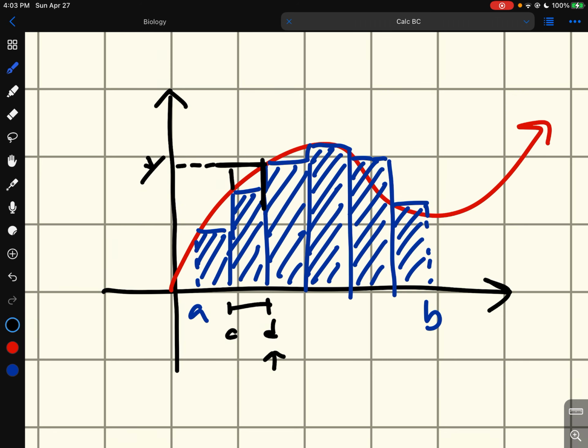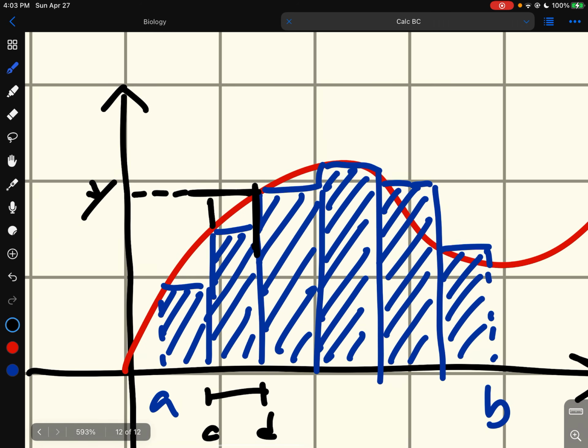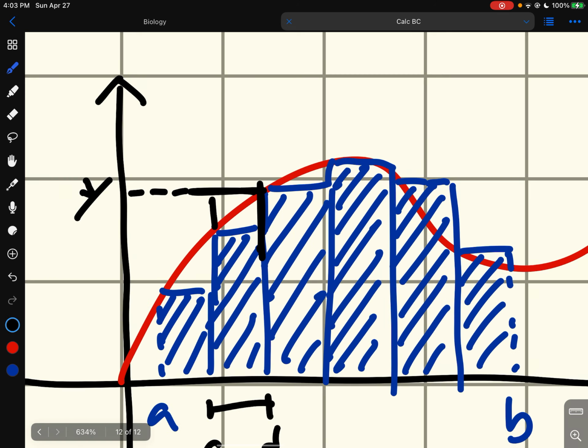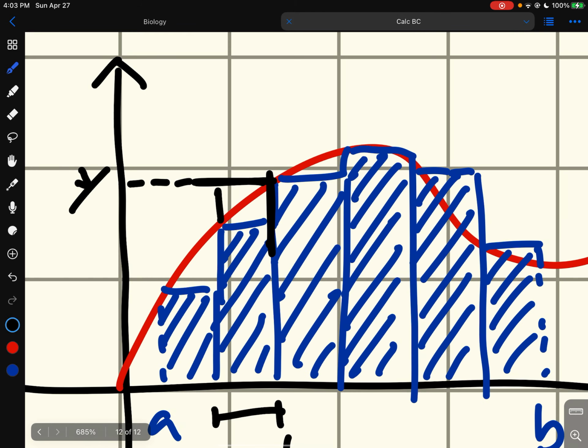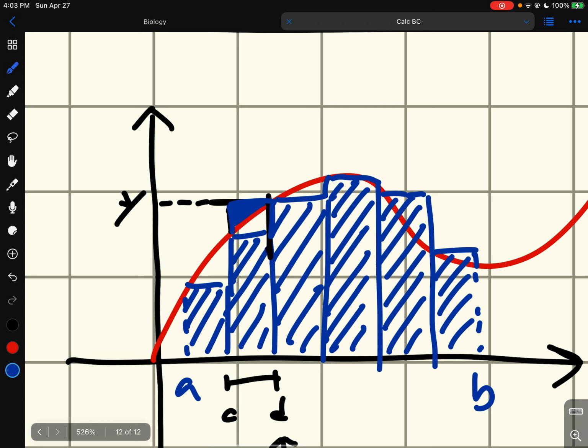So you see the difference is what you're estimating. So if you use the right hand like here, then the rectangle would extend up here, and then you have this extra space that you're accounting for that is not under the curve.